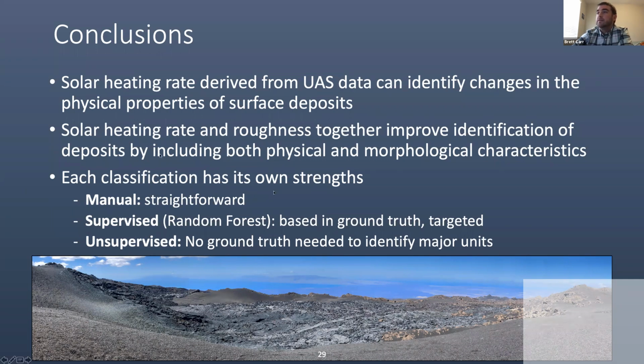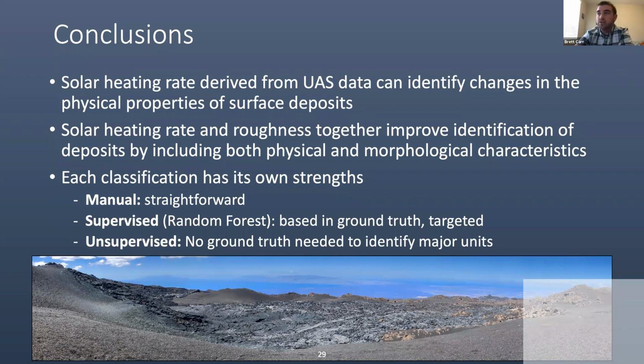Additionally, combining the solar heating rate and the roughness together improves the identification and characterization of the deposits by including both physical characteristics from the thermal data and morphological characteristics from the topography from the roughness data.